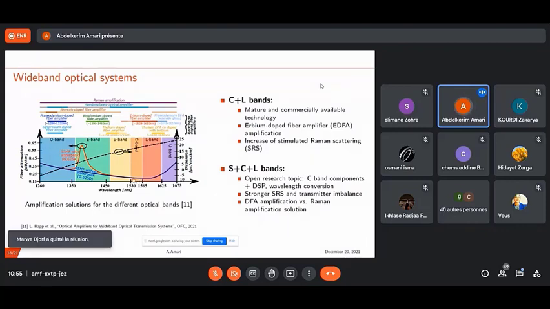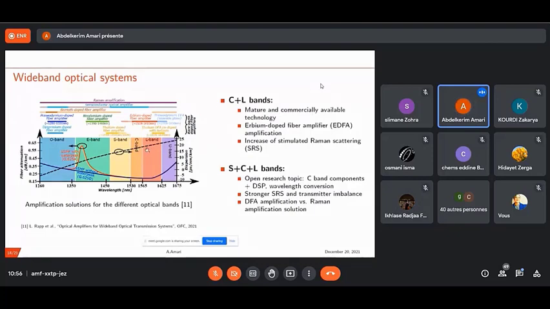We fill this bandwidth or wavelength range with WDM channels in the C-band, and we use erbium-doped fiber amplifiers for long-haul systems to amplify the signal. And recently, to increase the capacity, the L-band was also considered. So we have C plus L-band.